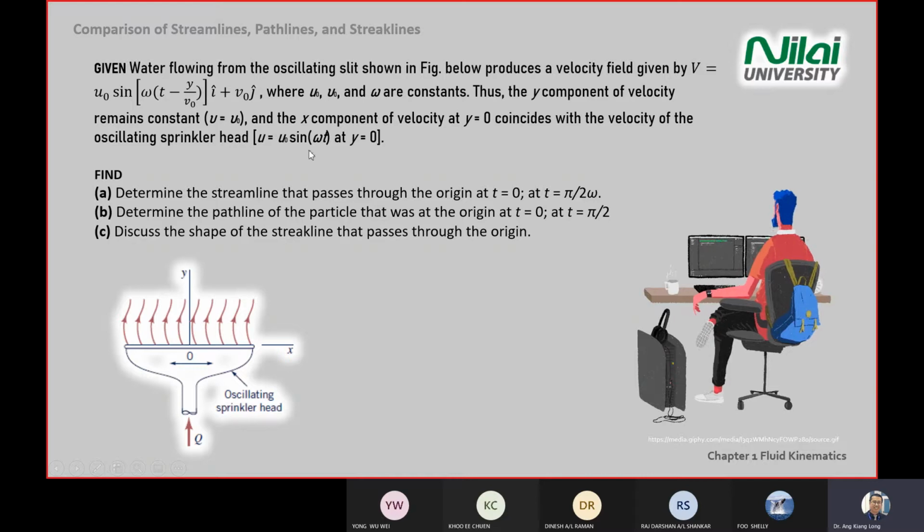The head is given by this equation. The oscillating frequency is given by u equals u naught sine omega t at y equals 0. So here the sprinkler oscillates in the x direction, meaning you can imagine that you are spraying water when you wash your car or wash your motorbike. You are using a hose, right?